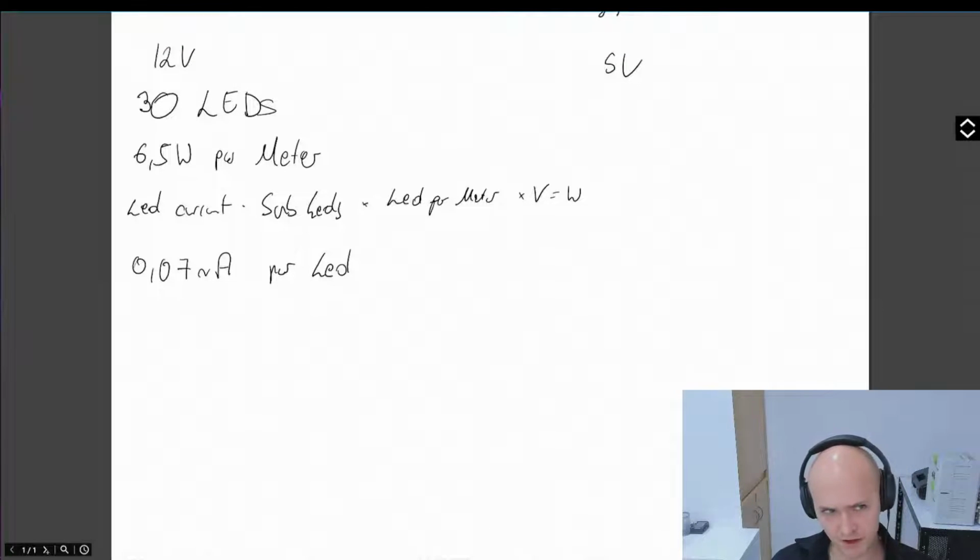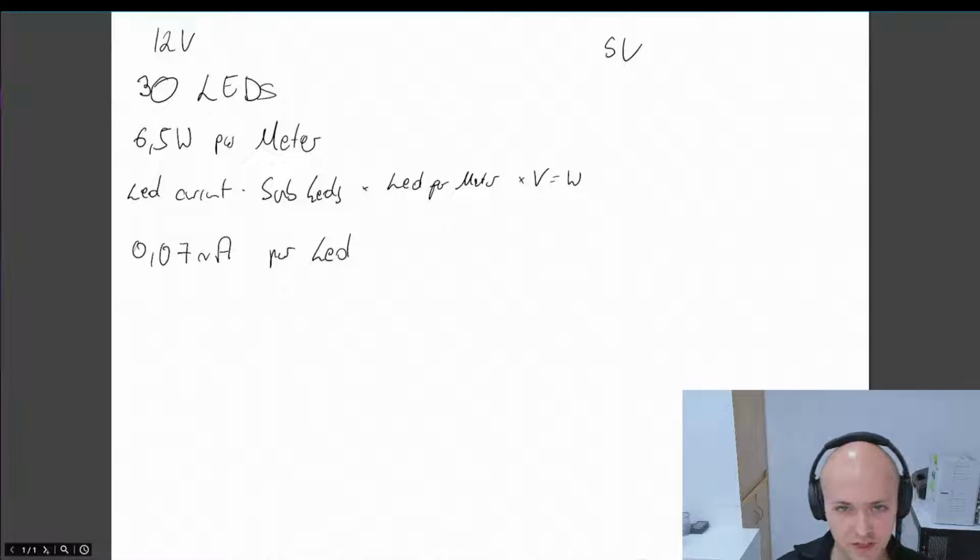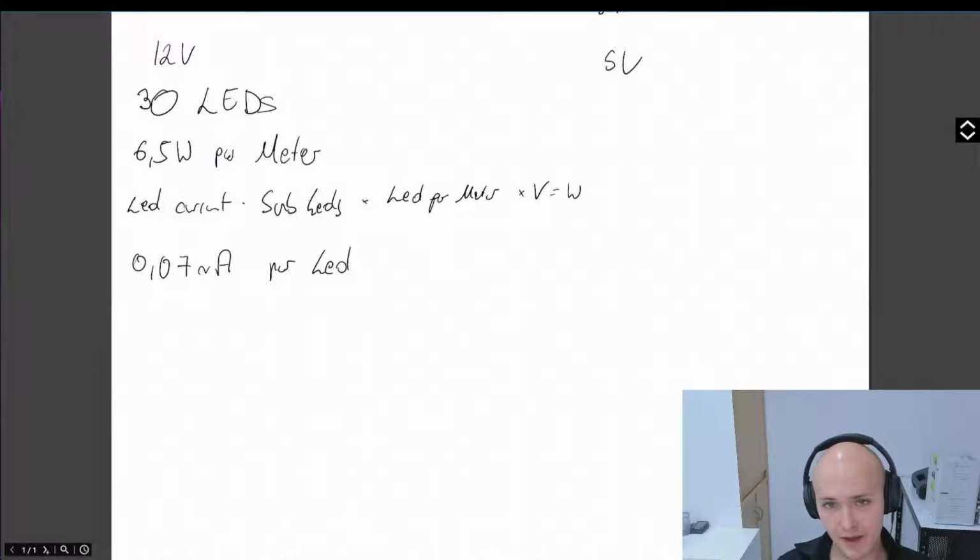We do this so we can decide if the strips have the LEDs built in, or if they're using other kinds of resistors or whatnot. With that, we can actually check that in the 30 LED per meter strips and the 60 LED per meter strips, the LED current is the same.